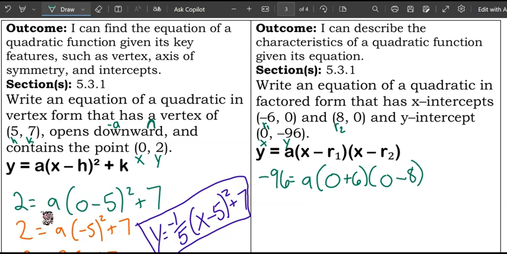When they give you the x-intercepts, we write your factors. Those r values will have the opposite signs as what is given, just like the h has the opposite sign for the vertex. We have negative 96 equals negative 48a.